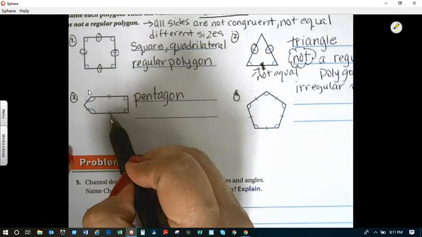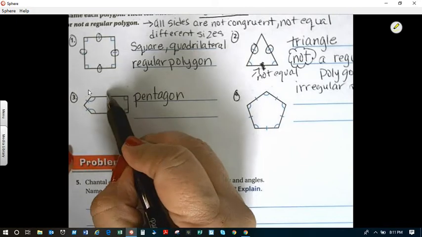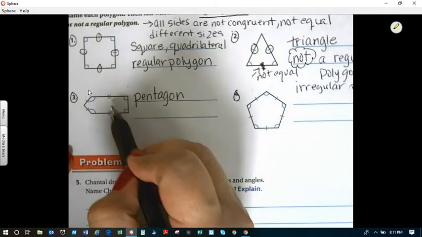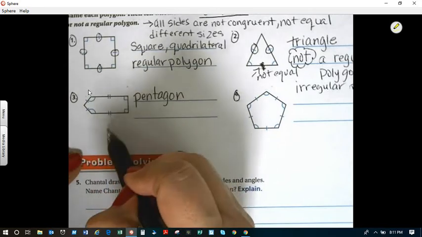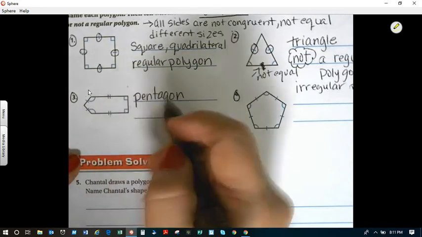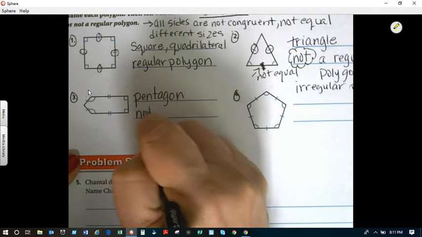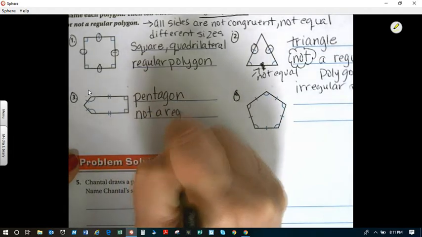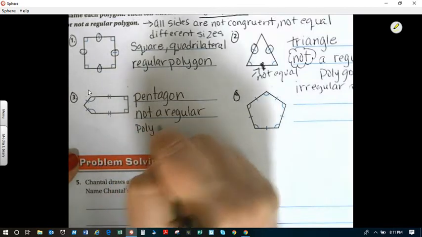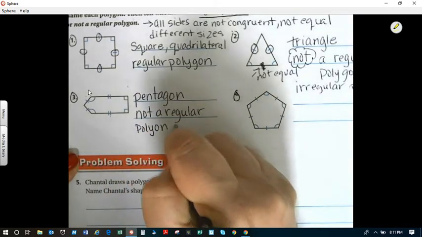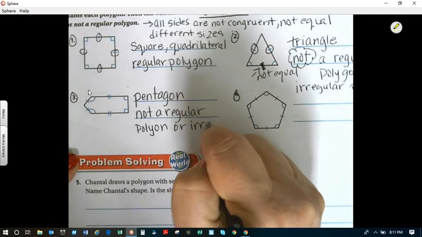These two have the same equal sides, equal their length, and these two have the same equal length, but not everything is all congruent, so this is not a regular polygon, or you can write irregular polygon. Means the same thing, so you can see it either way.